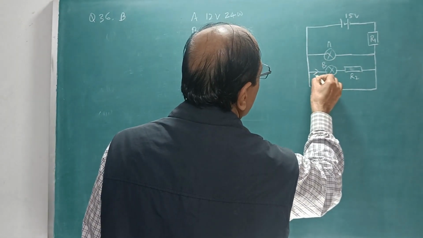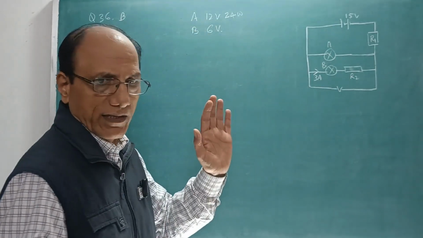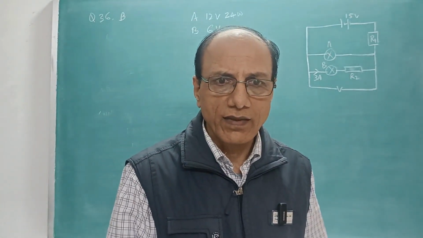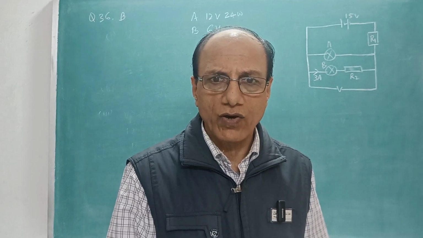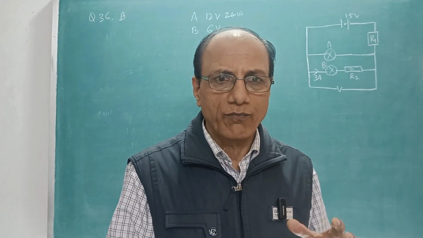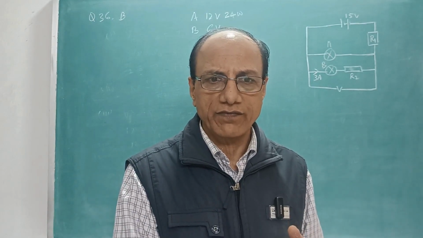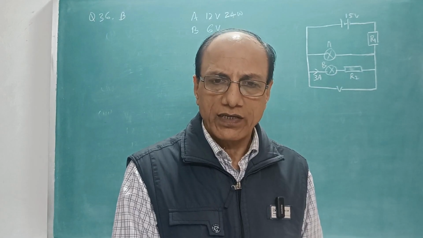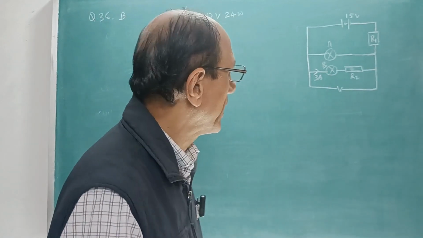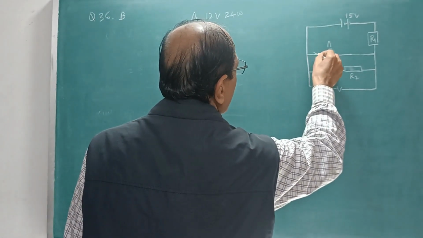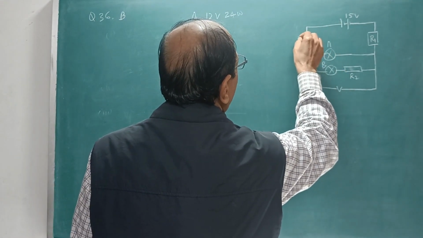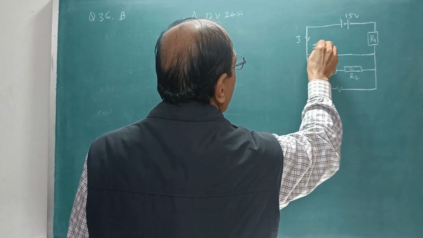So here the current is 3 ampere. The values of R1 and R2 are chosen so that both lamps operate at their rated voltage. Based on the information given, answer the following. Calculate the current in lamp A. So you have to find the current. Suppose this current is I, so I say it is IA.